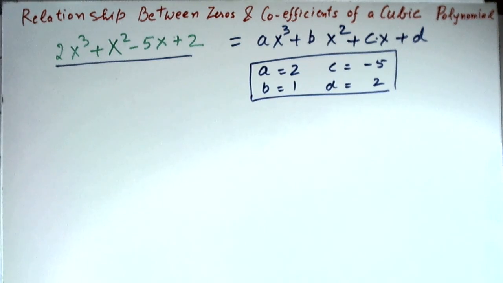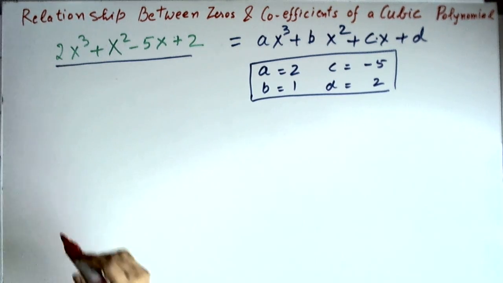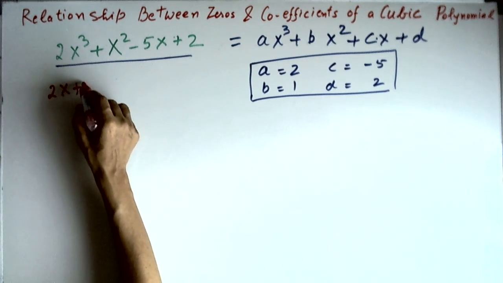Now we look at the zeros of this cubic polynomial. For knowing the zeros, we factorize this cubic polynomial, and the factorization can be done by the various methods which we have learned earlier.